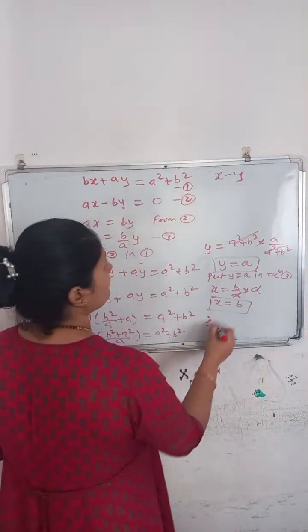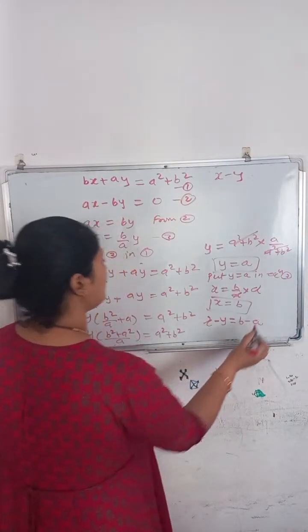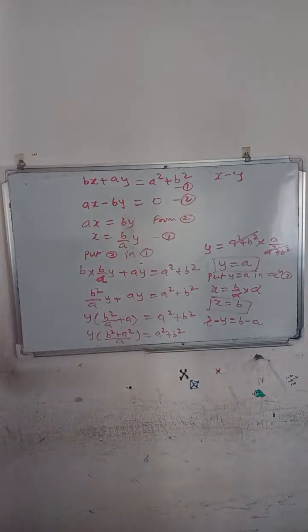I want x minus y, no? x minus y, that is b minus a. This is the answer. Sometimes I am also getting stuck if something new is there. So this is the answer, b minus a is the option there.